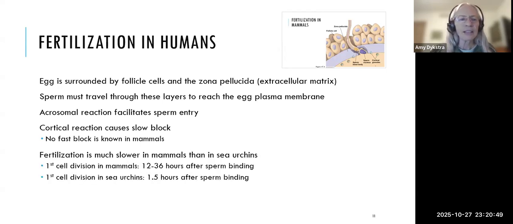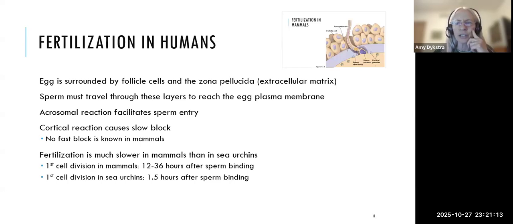One thing that is different in the mammals versus the sea urchins is that fertilization is much slower in mammals. Depending on the species, the first cell division will happen 12 to 36 hours after the initial sperm binding with the plasma membrane.